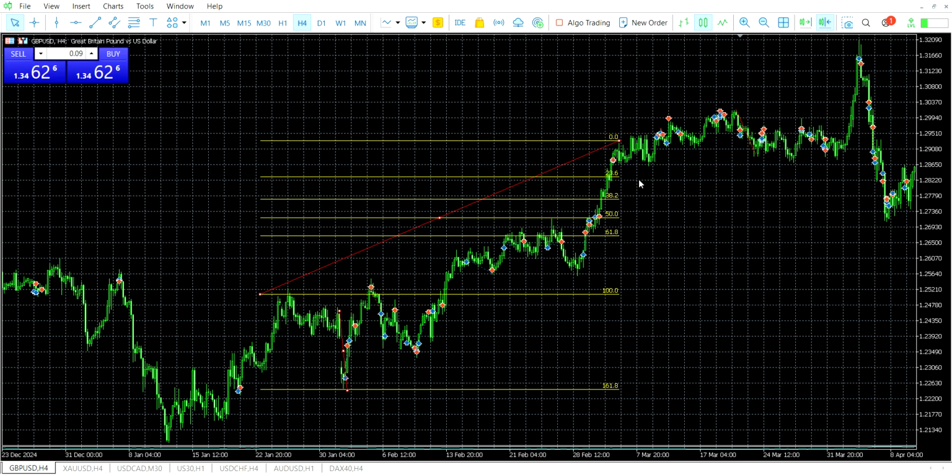So it's very important to realize that you are in a trend now, and which stage of the trend you are in, and then use the Fibonacci levels to set your goal, to set your stop loss, and so on.